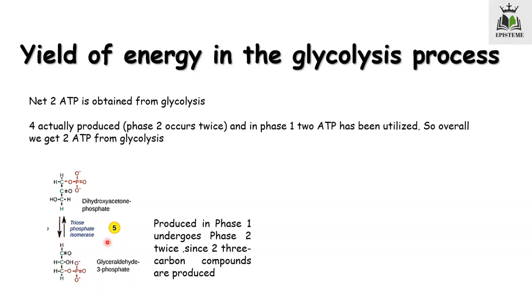One glyceraldehyde 3-phosphate is always present, and another is produced by the conversion of dihydroxyacetone phosphate. So phase 2, which is the process of ATP production, occurs twice. From one cycle we get 2 ATP, so when phase 2 occurs twice we get 4 ATP, and initially in phase 1 we utilized 2 ATP. So ultimately the net gain is 2 ATP.